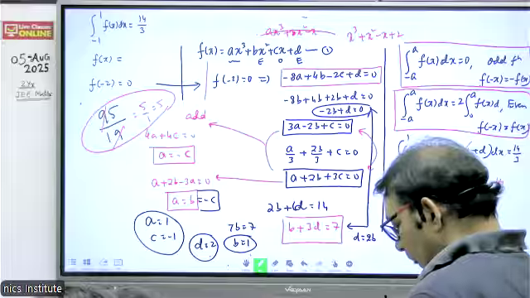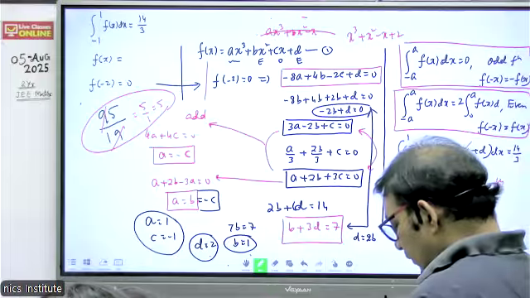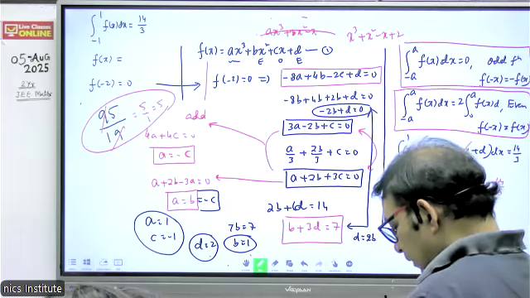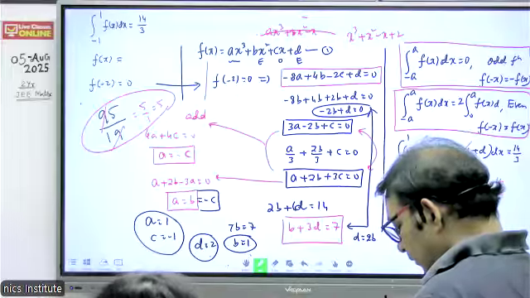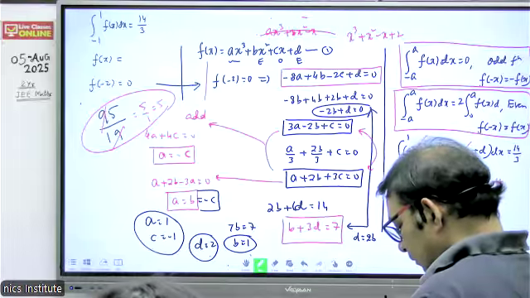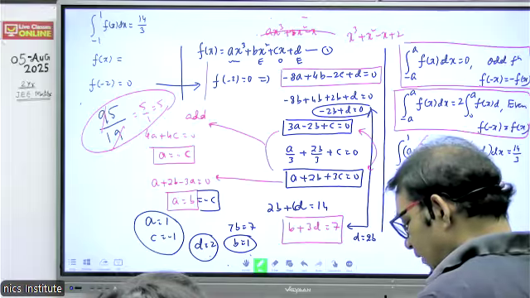Then b and a are equal, right? Then this is 2a. Okay, 6a. So 7a is 1. What? 7a equal to 7.